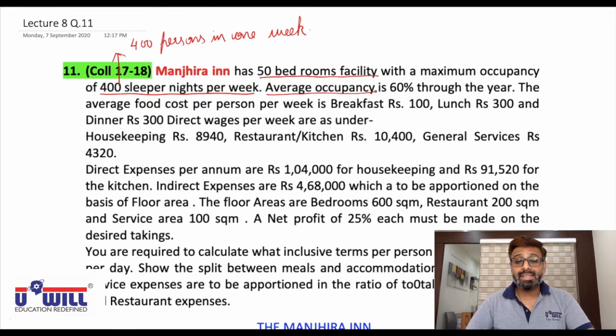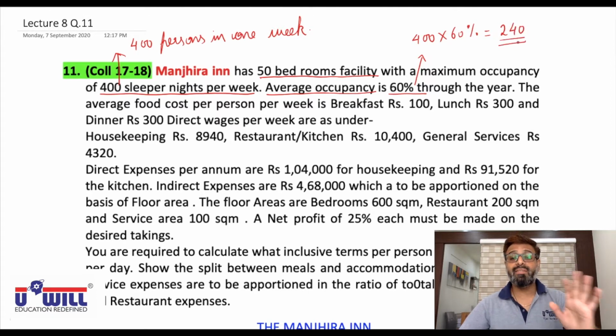Average occupancy is 60% throughout the year. Now, some days rooms are sold, some days they are not sold. So on an average, 400 times 60%, you can say 240 rooms get sold out every week throughout the year on an average.